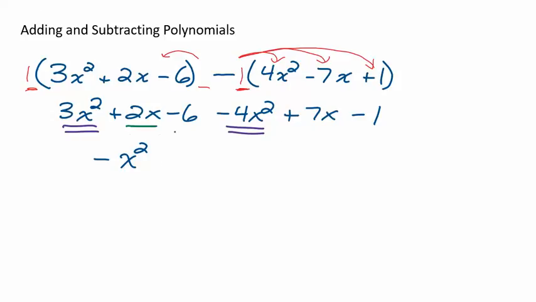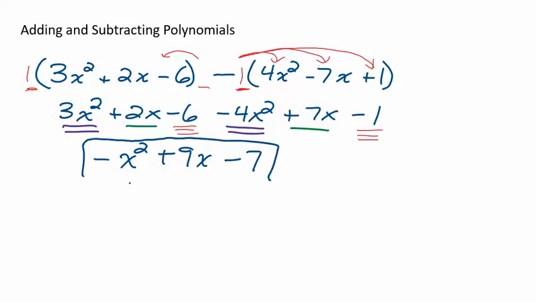We have 2x plus 7x, which is going to give me 9x. And lastly, we have our constant terms. We have negative 6 minus 1, which is negative 7. And that would be my answer for subtracting the two polynomials.